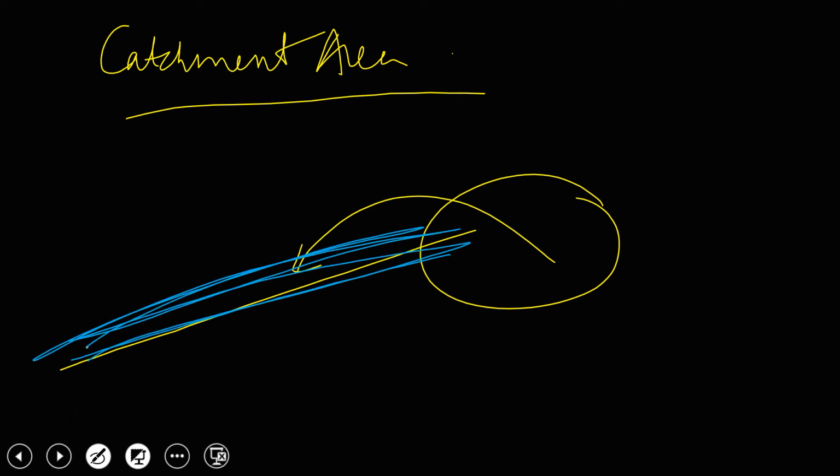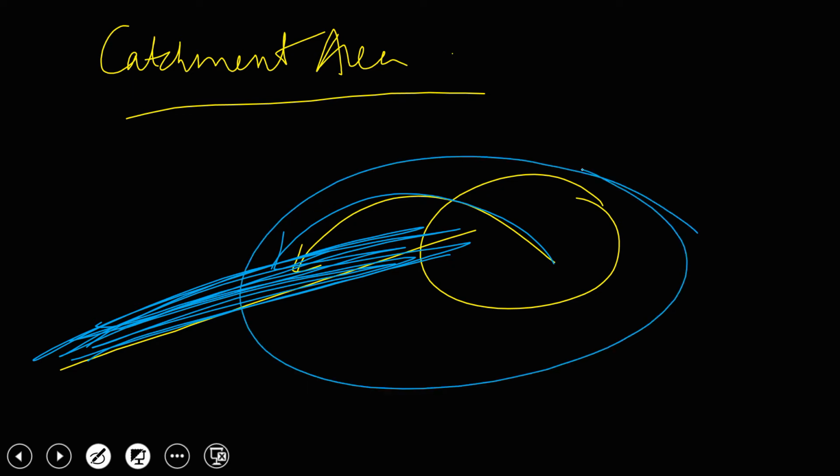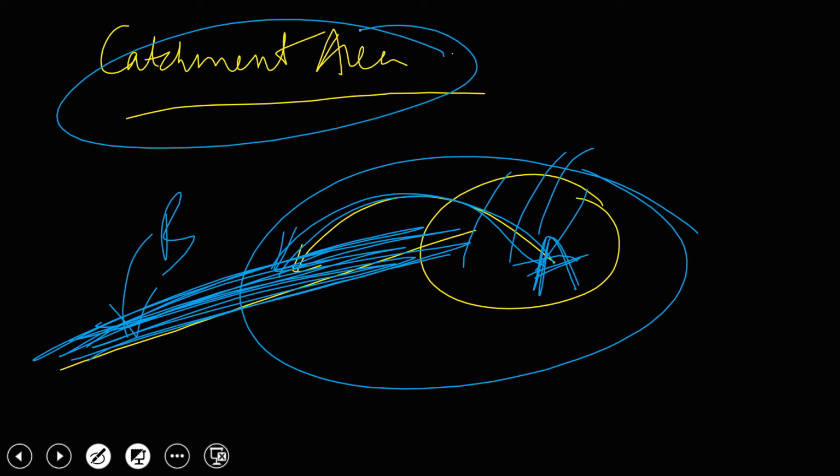So therefore, the area which is draining into a river or a stream is called the catchment area of that stream at a particular location. For example, I'm talking about a location A. Therefore, the area from A that drains into the river, for example B, will be known as the catchment area for B at A.